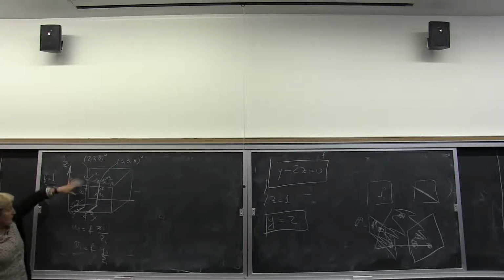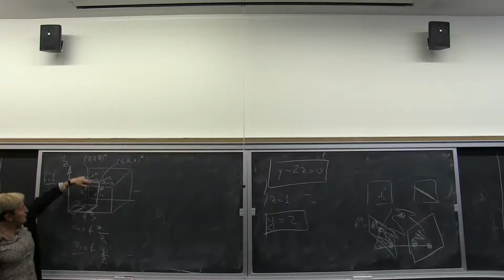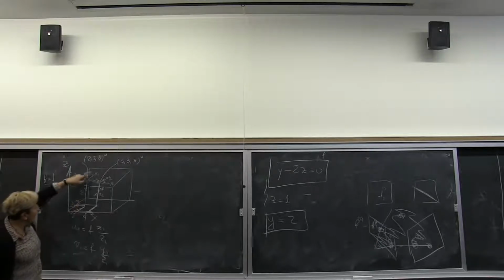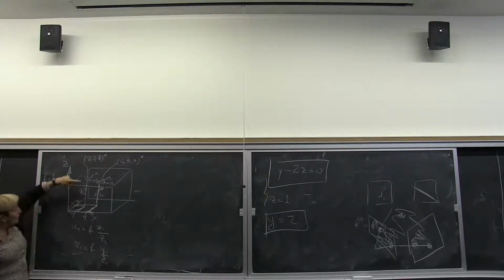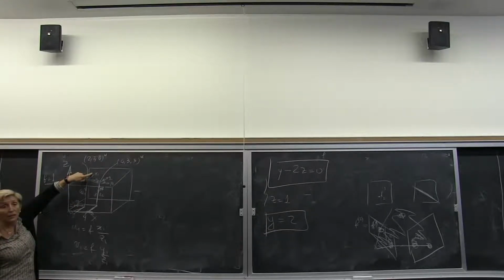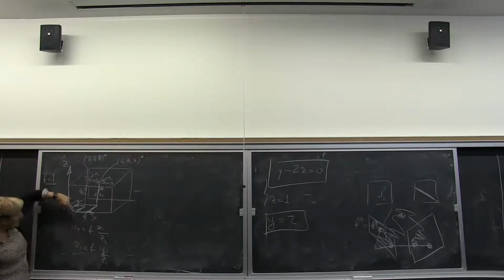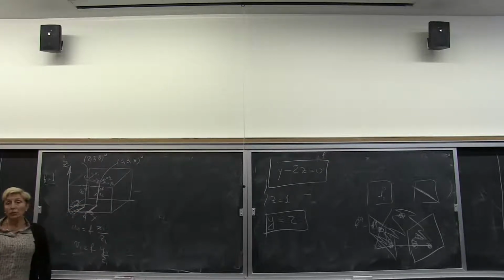For example, you can see that this guy is 1 unit below this guy along the z direction. So the translation along the z direction is going to be 1. Now, in terms of the x direction, this guy is at 2, and this guy is at 3. So it's 1 along the x direction. And for the y, this is a 2 and this is 4, so it's a translation of 2. So that's my vector 1, 2, 1.